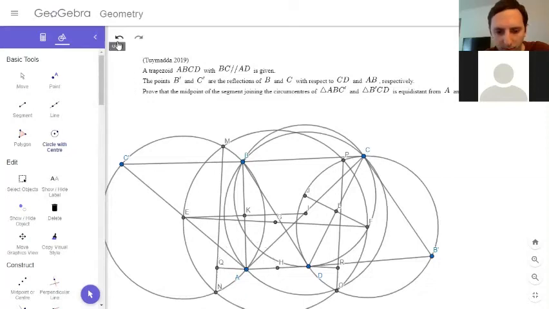No. So, I mean, yeah, it seems like it would probably be at least as hard to show that those distances are equal as it would be to show AG equals DG, right?